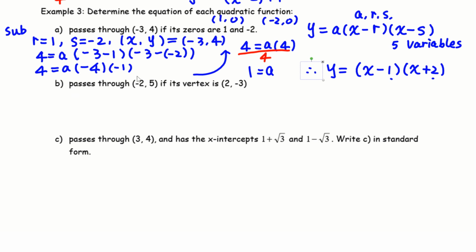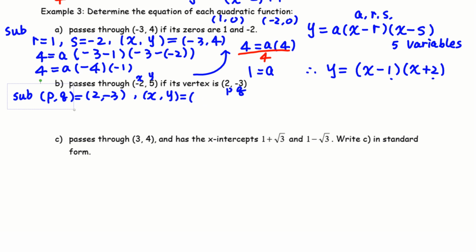Next, this one has 1 point given and the vertex given. So you have x, y, p, q to sub in. You need to sub in the 4 given values in order to solve for the one unknown in the vertex form. The point (x, y) equals (-2, 5) goes into the vertex form because the vertex is given. y equals a(x minus p) squared plus q.